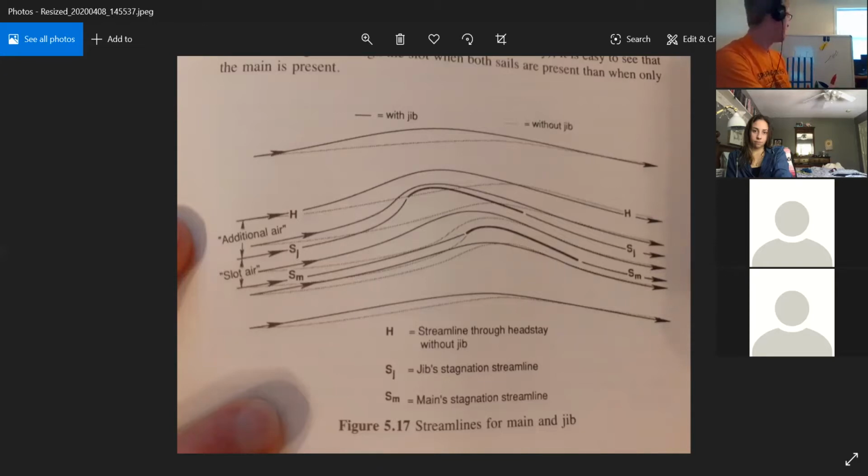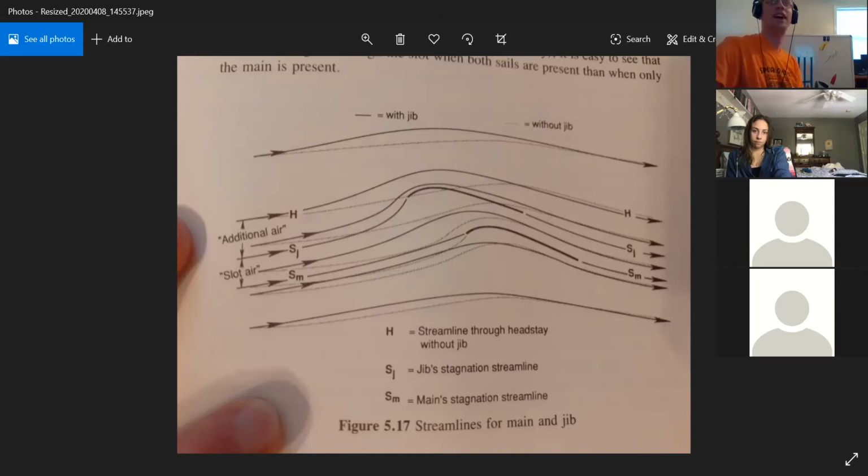So it's kind of neat to look at that and realize that having the main and the jib working together is causing both sails to be less likely to stall, but for completely different reasons, right? The mainsail is less likely to stall because the air around it is slower. The jib is less likely to stall because the air around it is faster, which is really crazy, really neat. Cool.